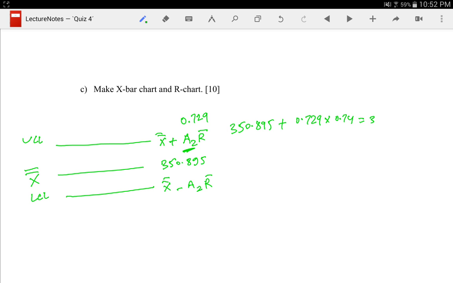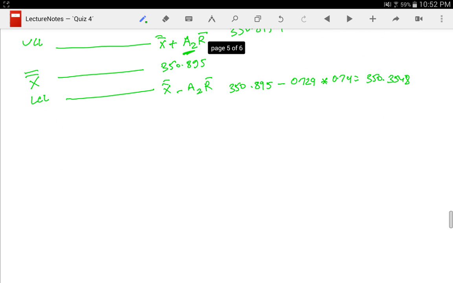I got this value to be 351.4352. Similarly here, 350.895 minus 0.729 multiplied by 0.74. I got this value to be 350.3548.